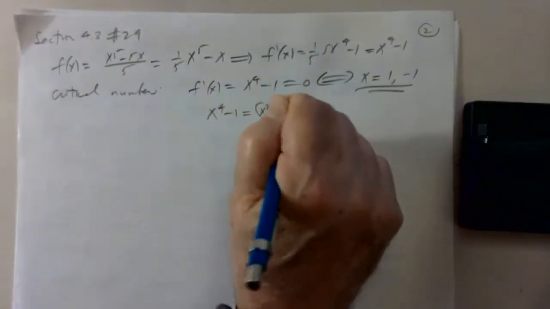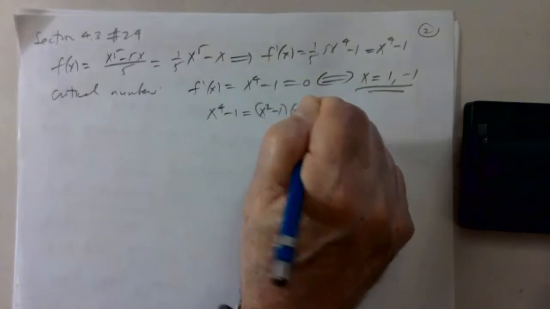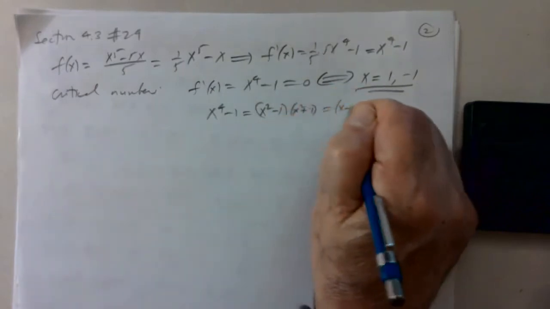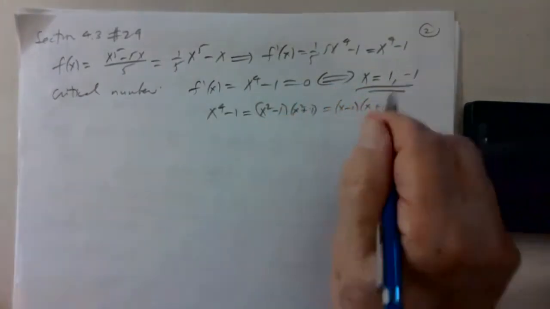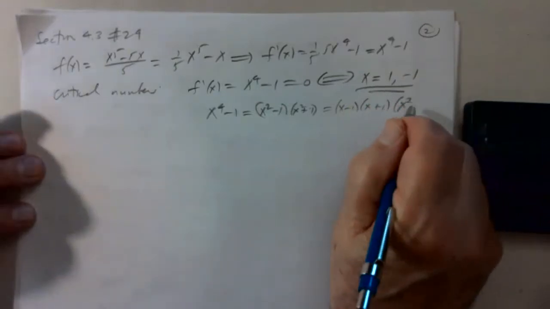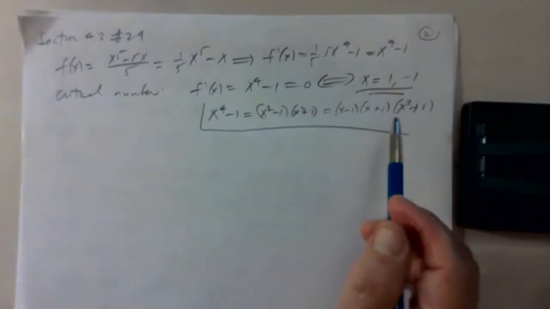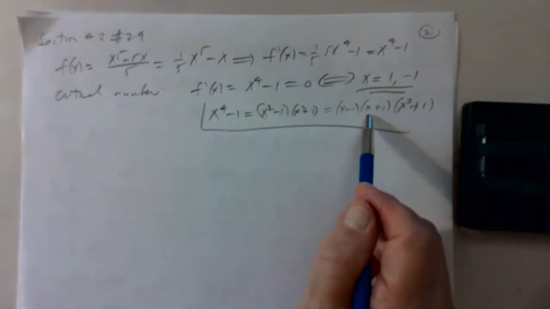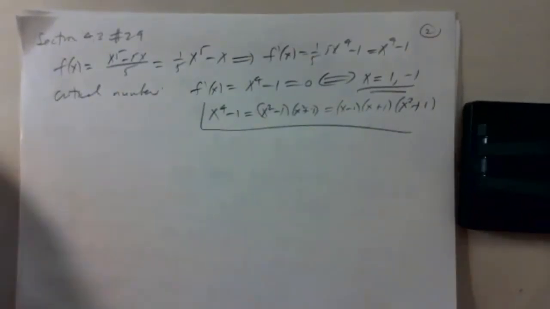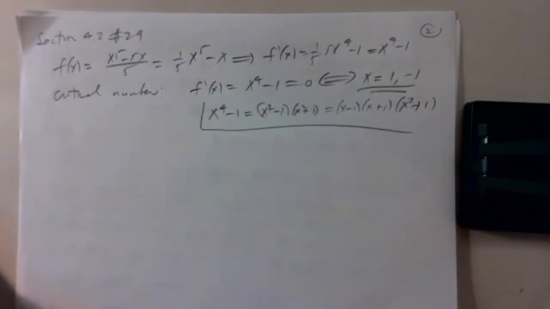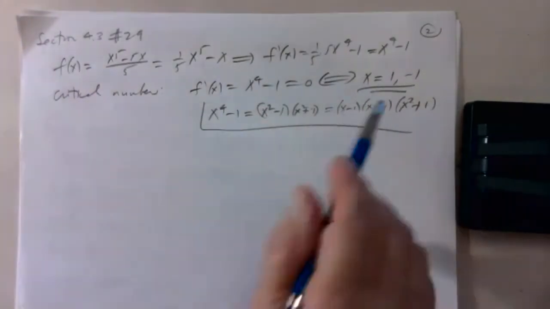That's x squared minus 1 times x squared plus 1, which is x minus 1, x plus 1 times x squared plus 1. And then you see directly that 1 and -1 are roots, and x squared plus 1 has no real root. So there are two critical numbers.